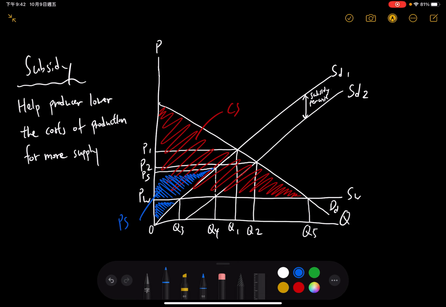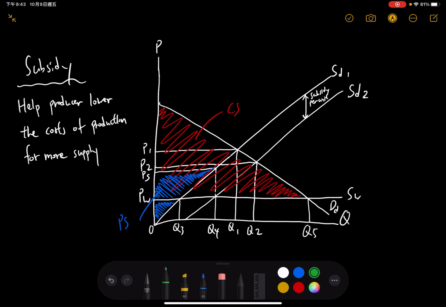Now we would like to find the cost of the subsidy as well, because at the end we want to see if the society is getting a benefit or a loss. Let me use green to show you.